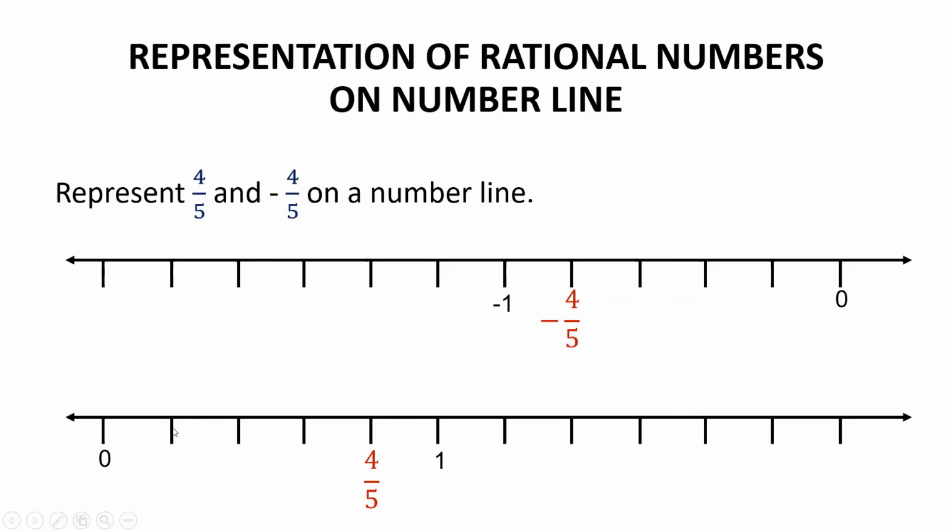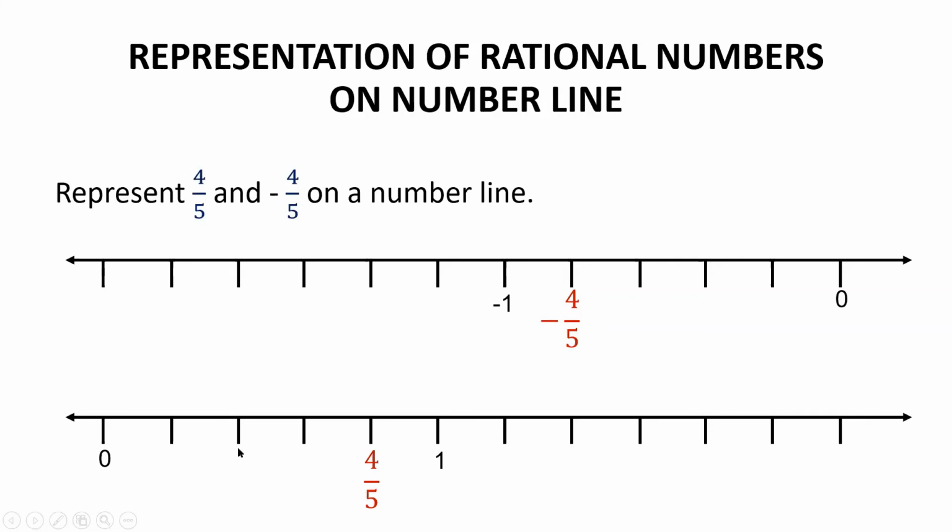So I have put 1, 2, 3 and 4 marks between 0 and 1, which will divide 0 and 1 into 5 equal parts. This is the first part, second part, third part, fourth part and fifth part. And out of that, the fourth point after 0 is representing 4 upon 5.